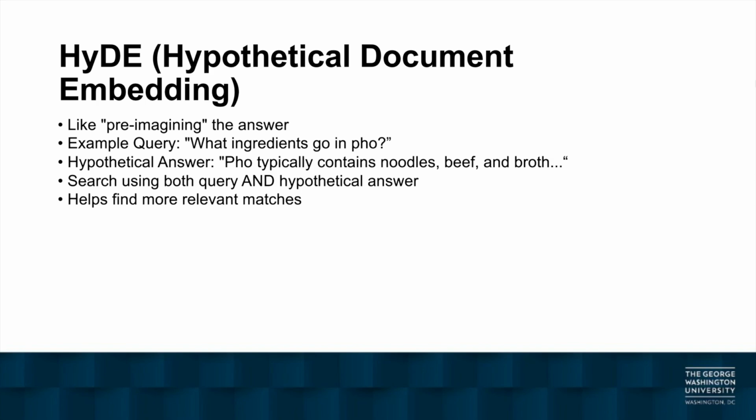So we just do the same thing computationally. We generate a possible answer and then search for documents that match both the question and the hypothetical answer. And this just helps us find more relevant matches than just searching with the question by itself.